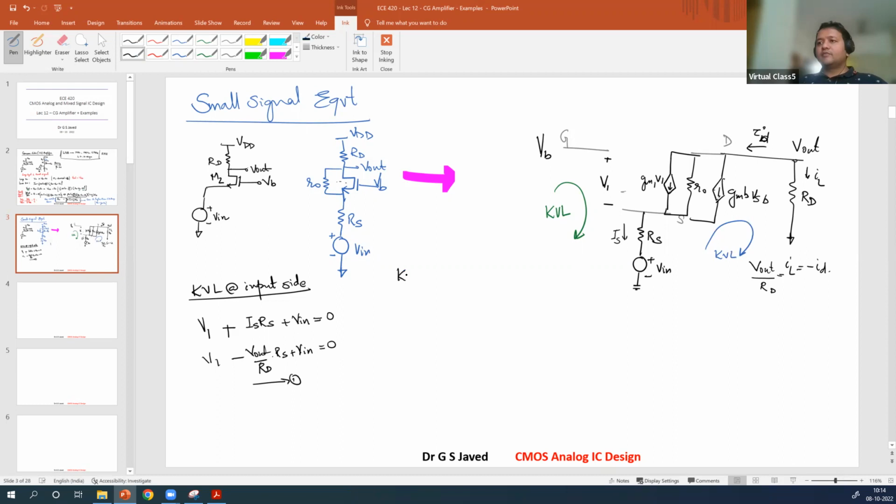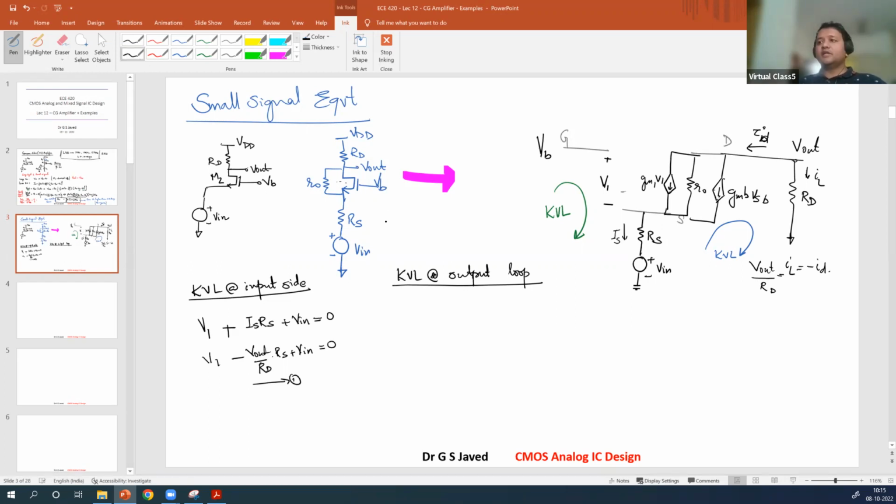So, KVL at output loop. In the KVL output loop, you can start from whichever side you want. If you start from here, our output, the voltage drop across output is equal to the voltage drop across this resistor plus the voltage drop across this resistor plus the voltage drop from the supply voltage, right?